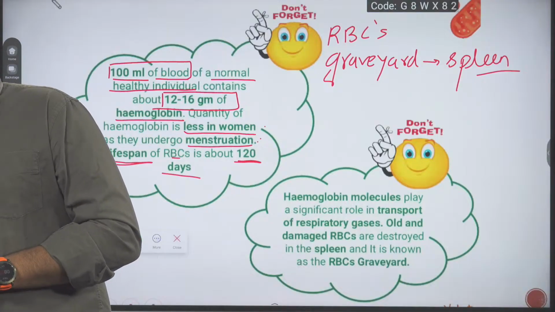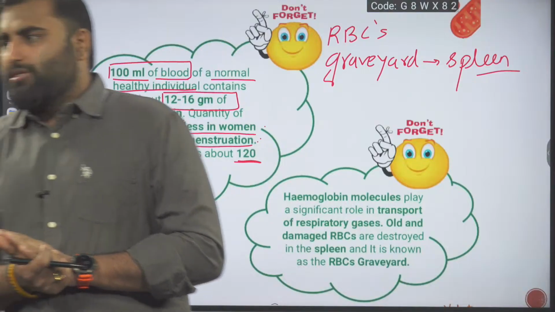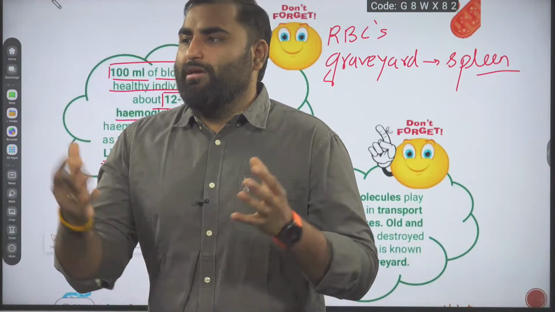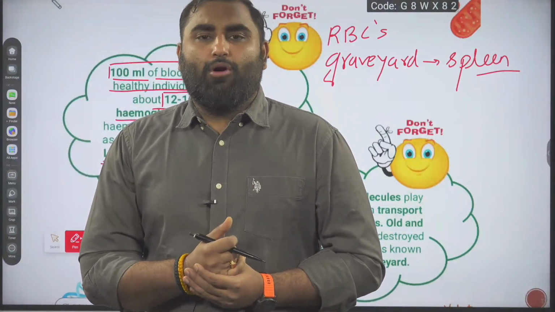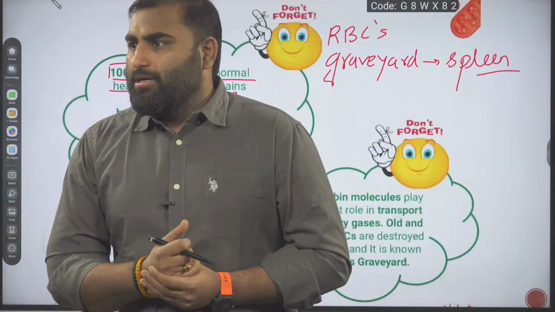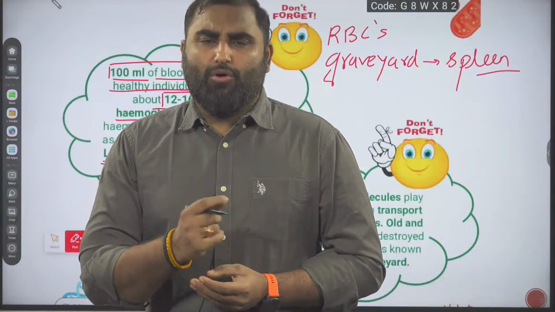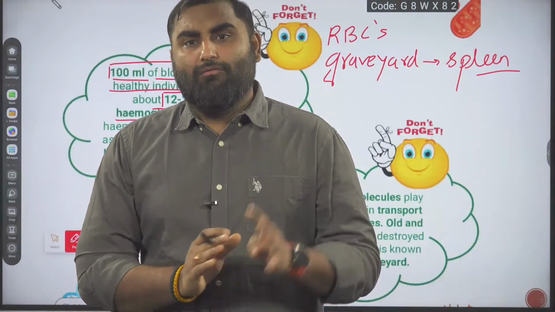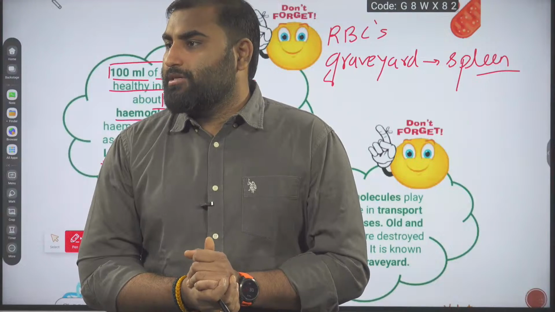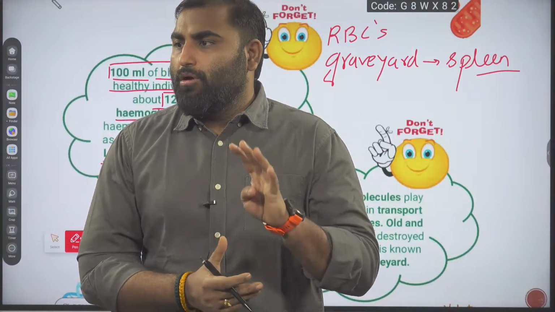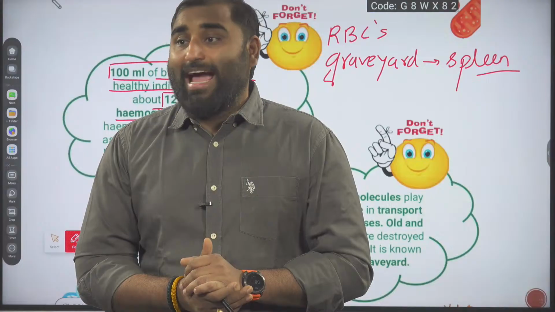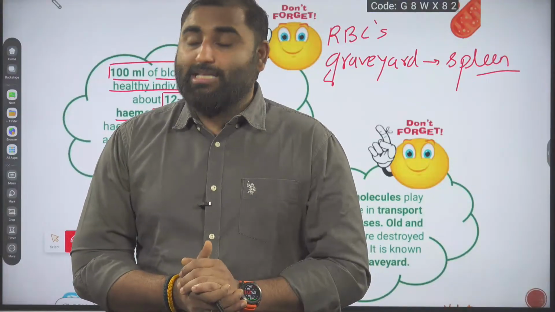Sir, what role does hemoglobin play in oxygen transport? Hemoglobin carries the oxygen. A single molecule of hemoglobin can carry roughly 4 molecules of oxygen. So one hemoglobin structure can bind to 4 molecules of oxygen as well as CO2.